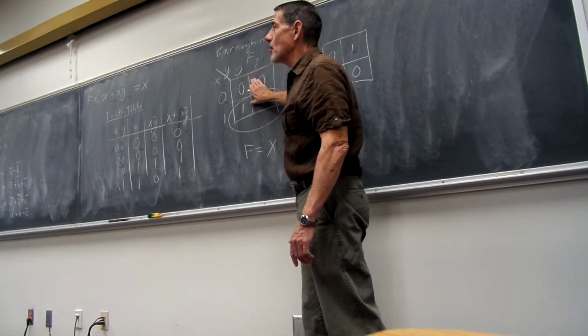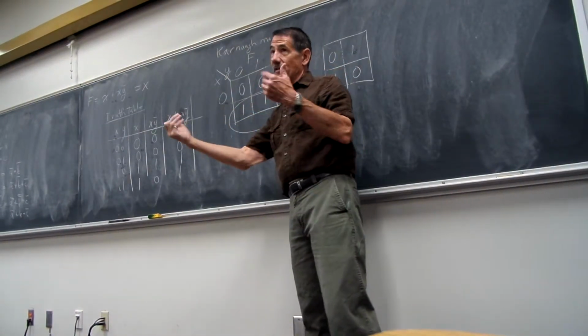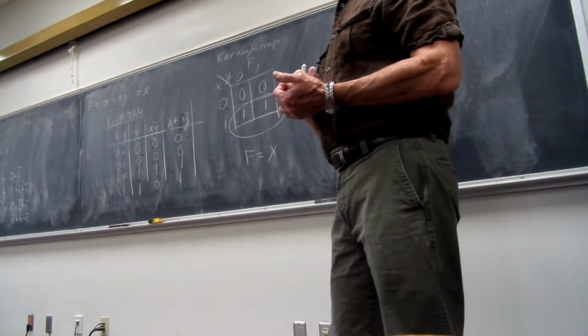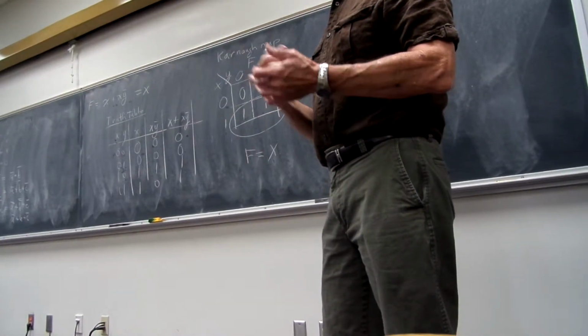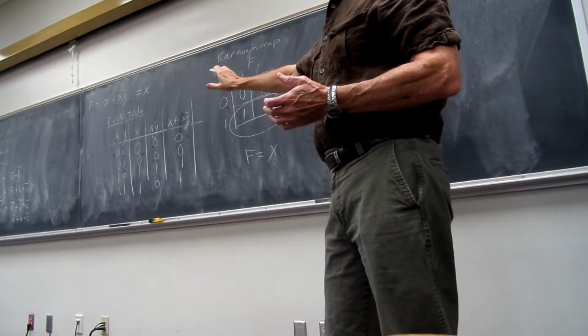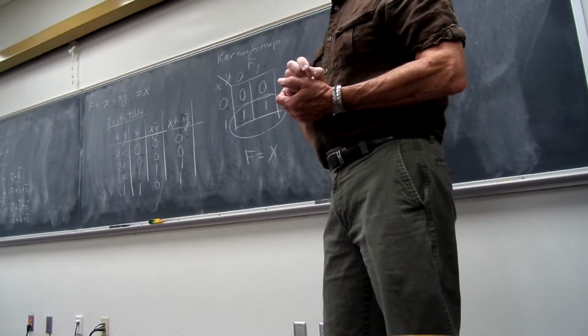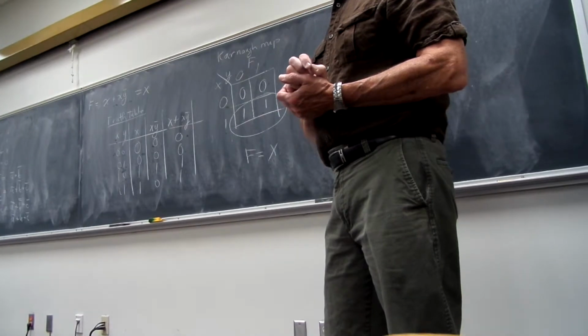Do you understand that the Karnaugh map and the truth table have exactly the same thing, but with our Karnaugh map we can go ahead and reduce it down? This is a simple one, it's only 2 variables. Question? Can you make the statement again about the groups of 2 and the variable changes?